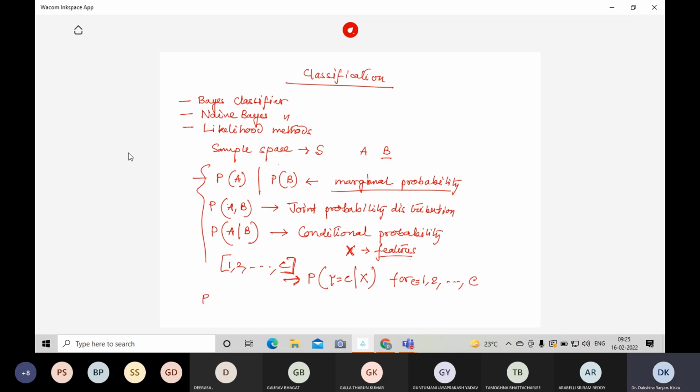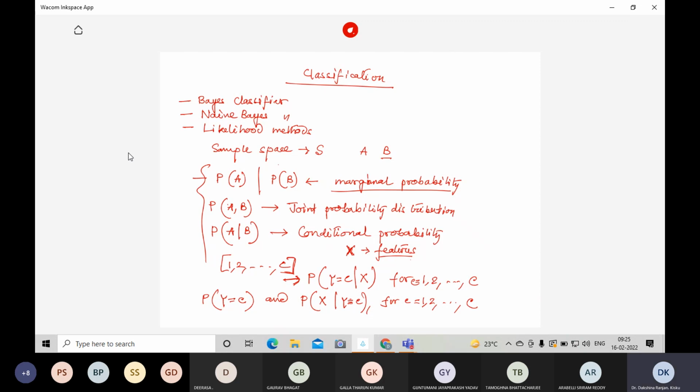We can interpret this information as the probability of y equals c, and the probability of x given y equals c, for small c equals 1, 2, up to capital C.